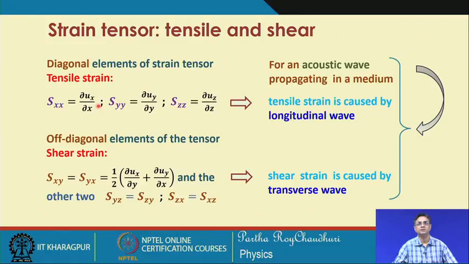Importantly, this tensile strain is a consequence of a longitudinal acoustic wave propagating in the medium. When a longitudinal wave propagates in the medium, it creates this tensile strain, and if a shear wave, that is a transverse wave, is propagating in the medium, it creates the shear strain.